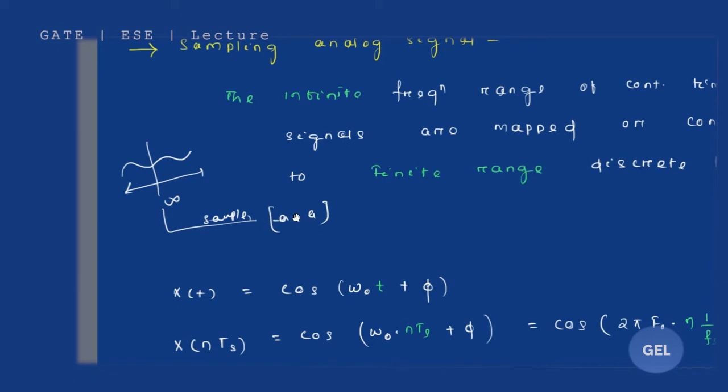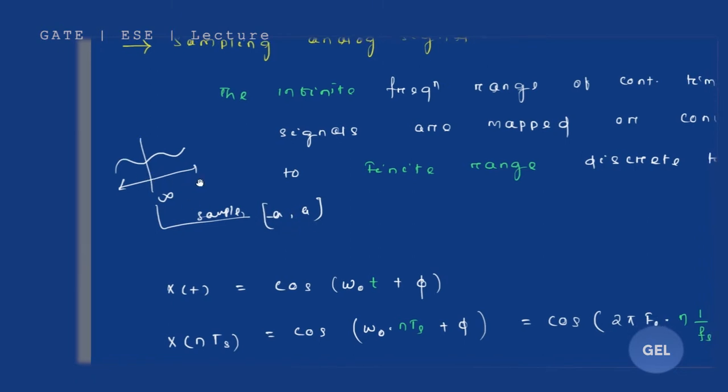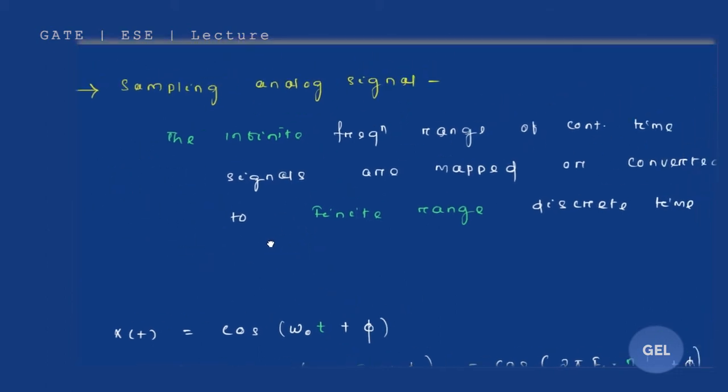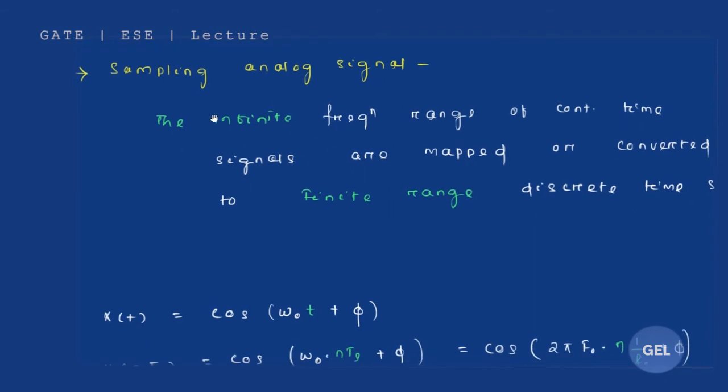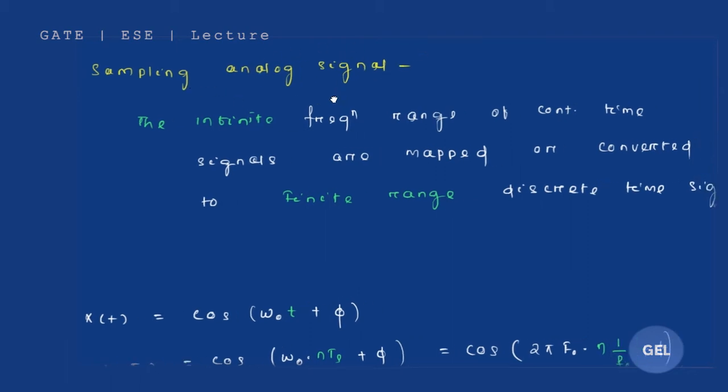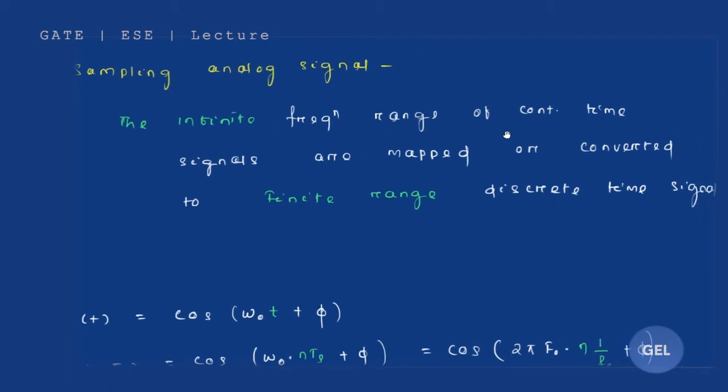My dear friend, this is one of the most important points and very important for your interview questions. What is the basic core benefit of sampling of an analog signal? That the infinite frequency range of continuous time signals can be mapped or converted to a finite range in discrete time signals.